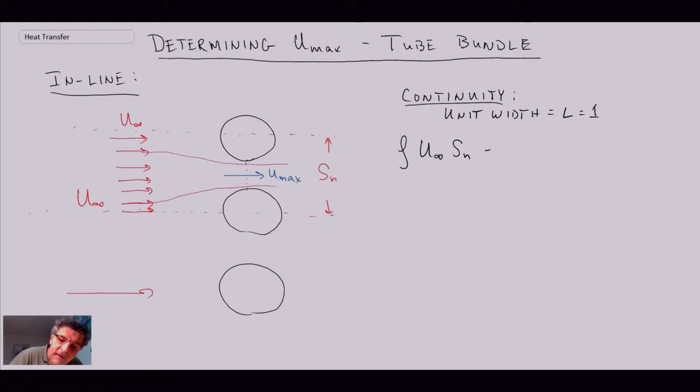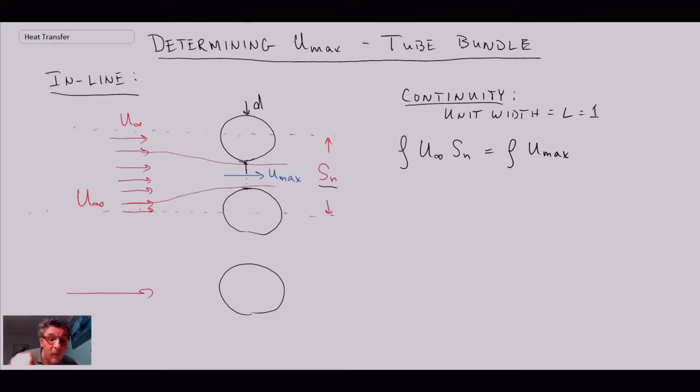And that is going to be equal to the mass flux coming through this region here where we have the constriction. So again, it is going to be the density of the fluid multiplied by this new maximum velocity. We do not know what that is yet. And the size of that opening, we can compute from Sn as well as knowing the diameter of our cylinders.